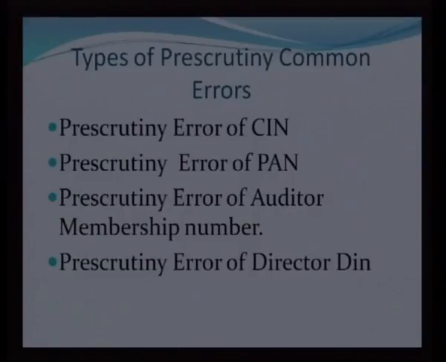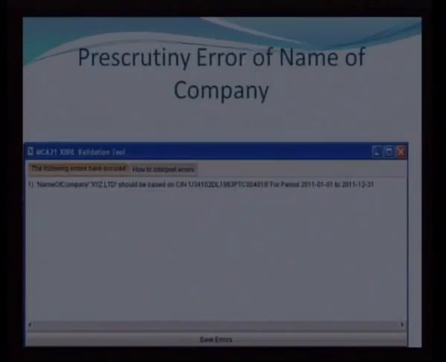If the name and SIN number are not matching, it will give you an error. If the PAN number is not matching with the database of MCA, they will still give an error. If the membership number and the name are not matching, it will give you an error. Similarly, in case of DIN also, if there is an error, it will give you an error alert.